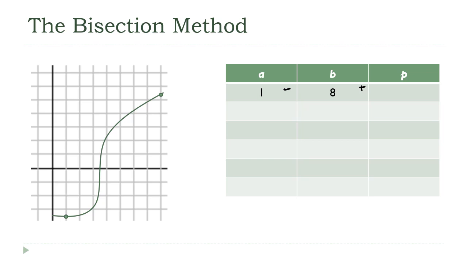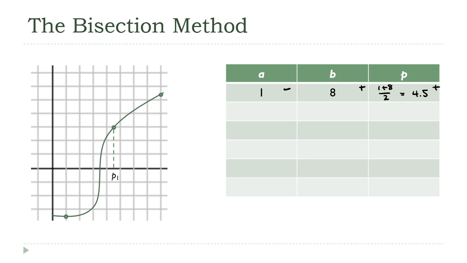Now the next step in the algorithm is to calculate the midpoint of our interval. That's going to be (1 + 8) divided by 2, which is 4.5. That's right here. If you look at the graph, you'll see that the function is positive at that point.